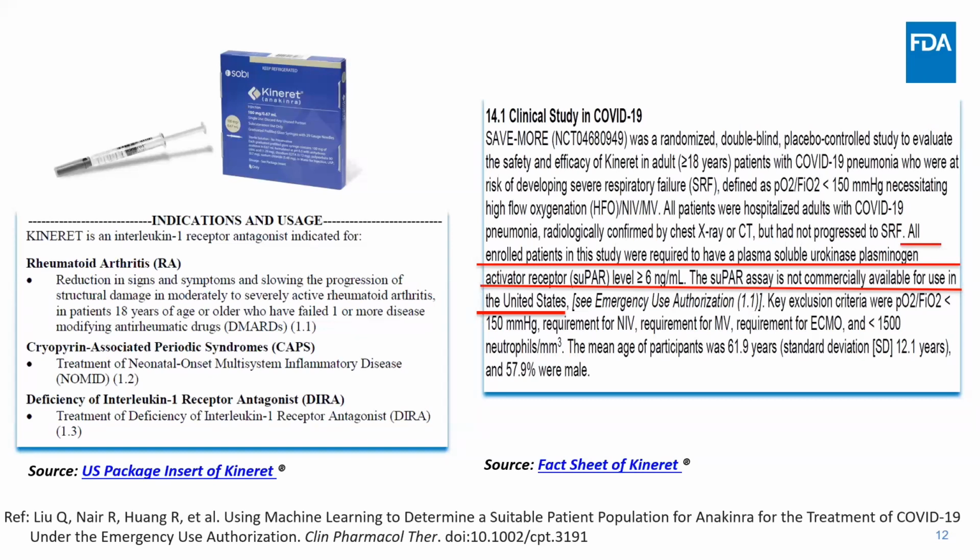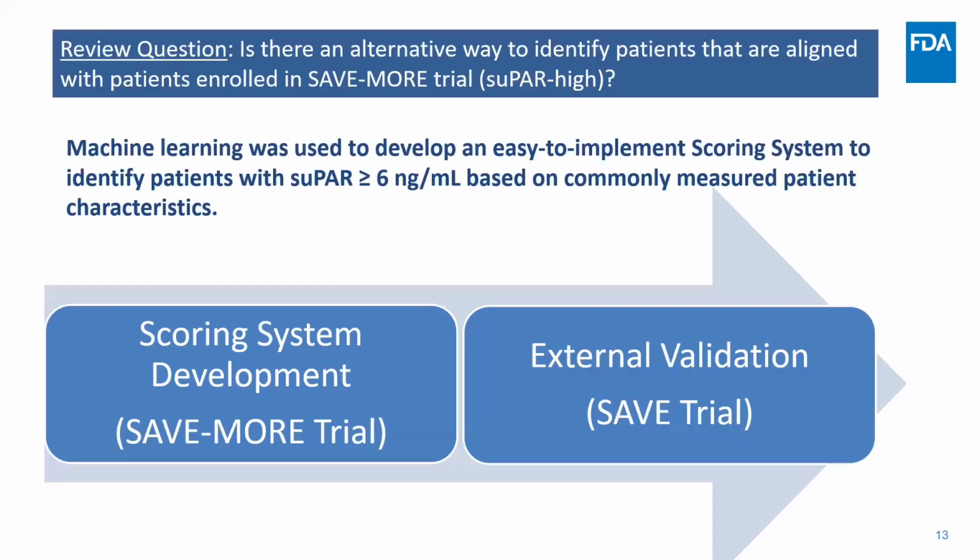So in your evaluation, you're essentially just using SUPA greater than 6 as the outcome. There's no efficacy endpoint involved. All baseline. Interesting.